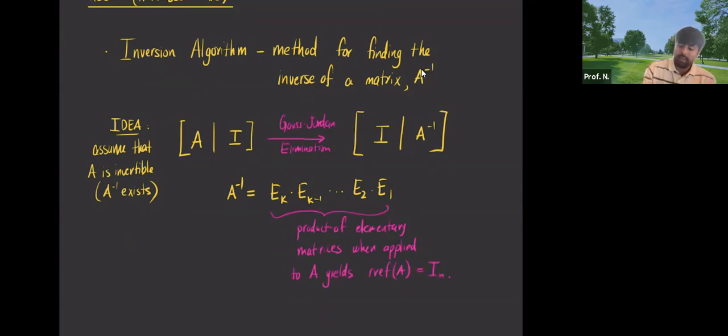So that's what these E1, E2, all the way to EK elementary matrices represent. Each of them represents a certain elementary row operation that when I apply it to A, results in the identity.